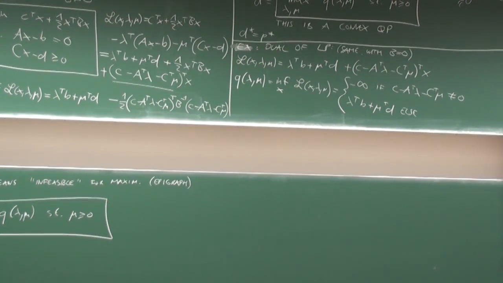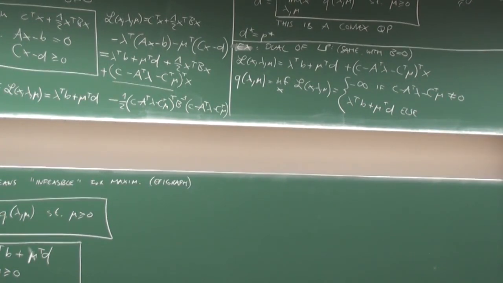We just say let's maximize the function that we have, namely lambda transpose b plus mu transpose d, over lambda and mu, and instead of only having this constraint mu bigger than 0, we now also have the constraint that the other components should be 0, so c minus A transpose lambda minus C transpose mu must be equal to 0. So I've made this constraint that was implicit in my function q, by making infinite values, explicit by just adding it as an equality constraint.